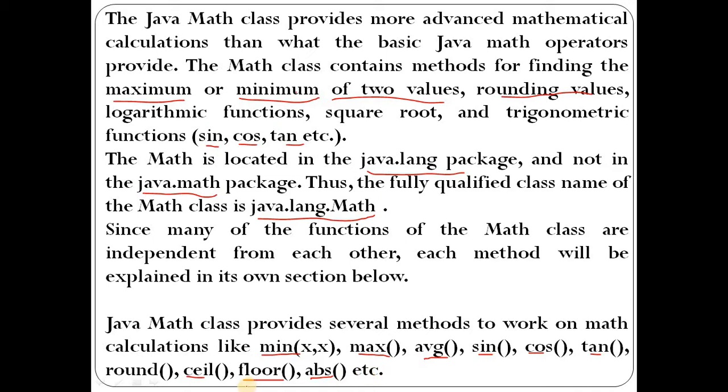Today I will discuss these math functions: min is the minimum function, max is the maximum, avg is average, and these are the trigonometric functions like sine, cos, tan, and round, sqrt, log, and absolute.